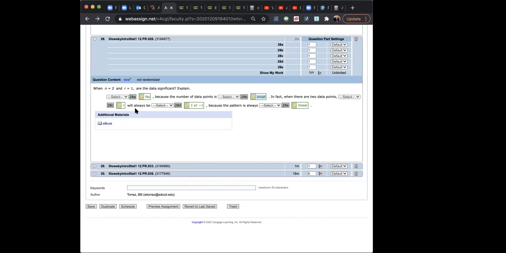Okay, unless they were the same point, then the slope is 0, and we don't get any results there. So R will always be either 1 or -1 if you have 2 points in the data set. Okay.